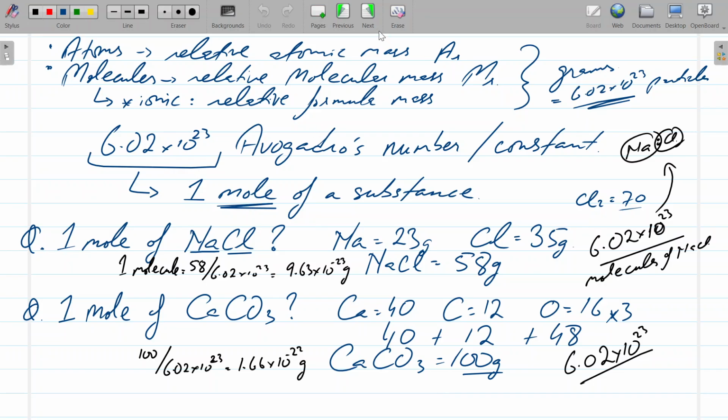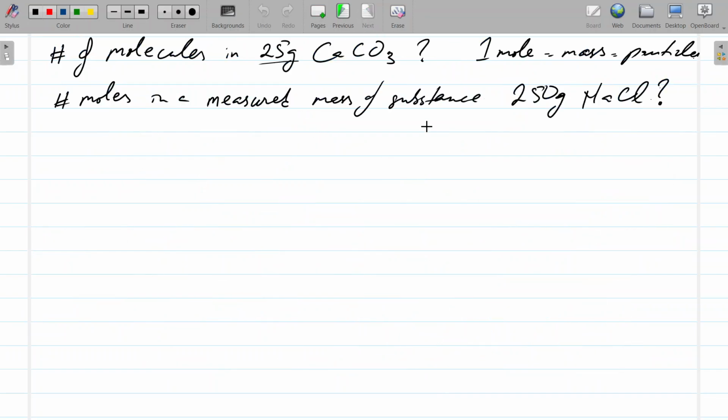So we talked about that, and I left you with a question like this, so erase that, and we are going to continue. So I'm going to focus on calculations, because this chapter is all about calculations. So starting off, I'm taking these from the book.